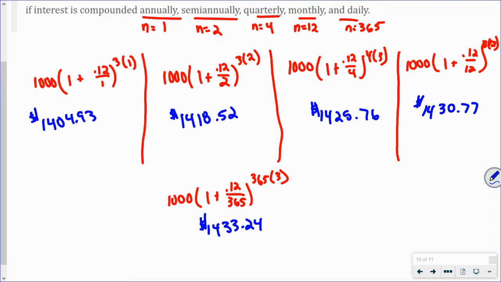Now, I will take an extra $30, I'm not going to pass it up, but you're still not gaining a whole awful lot. Especially after monthly. When you go from quarterly to monthly, that's $5, and then monthly to daily, that's only $3. That's not a lot. So monthly or quarterly is kind of the sweet spot that you're going to be able to find.